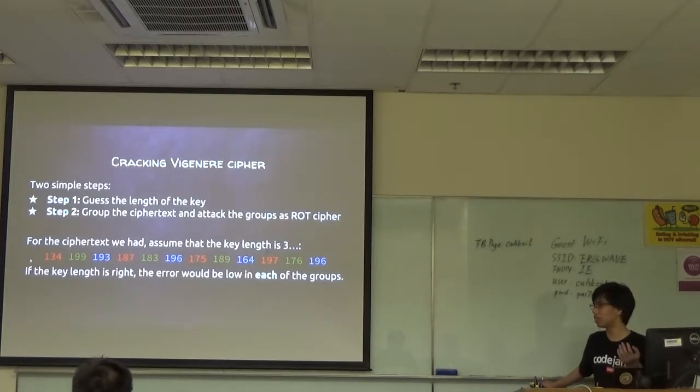Actually, if the key length is correct, the error should be low in each of the groups, which means that those red characters should return a low error using the attack of rock ciphers, and the green and the blue also return low errors as well. And that's what happens in some common substitution ciphers.